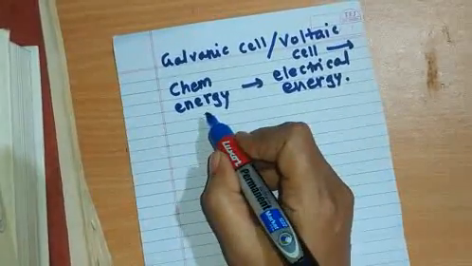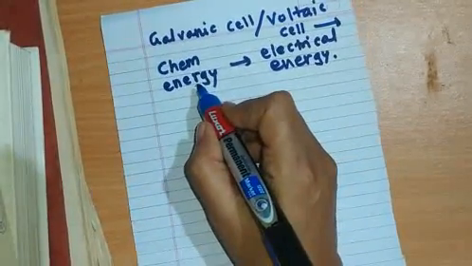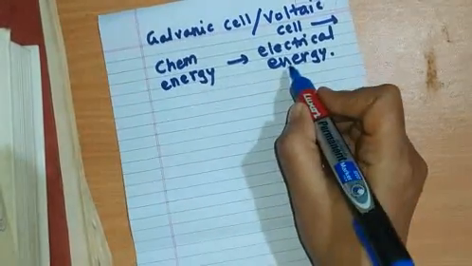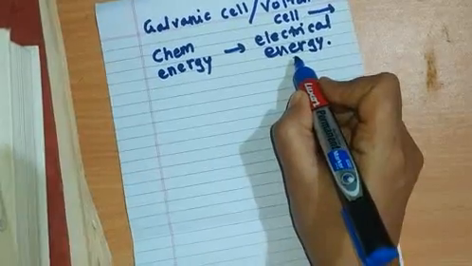In these cells, a chemical reaction is carried out through which electricity is produced.